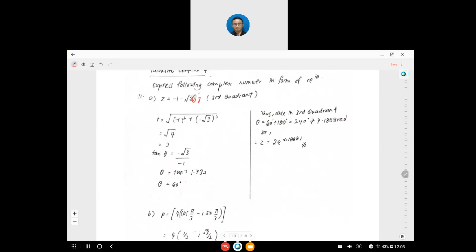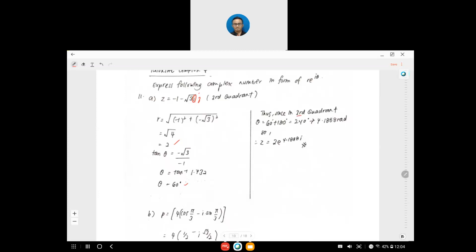Okay, and then it is placed on the third quadrant. So when you want to find R, you can get R equal to 2. And then theta, you can get 60. Is it 60?